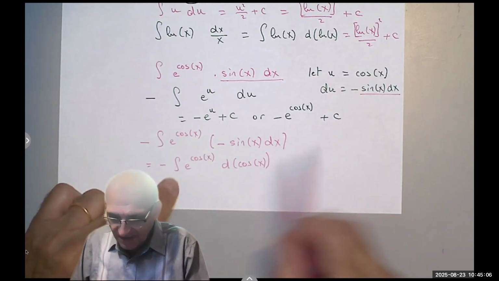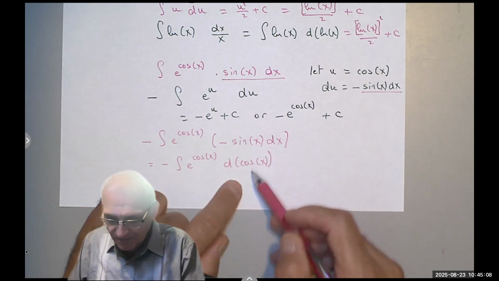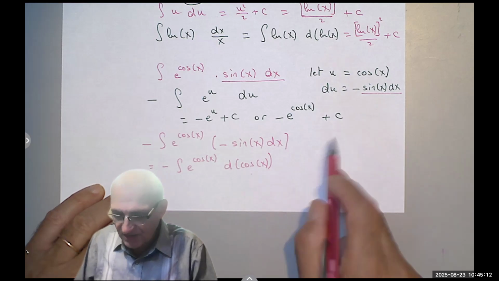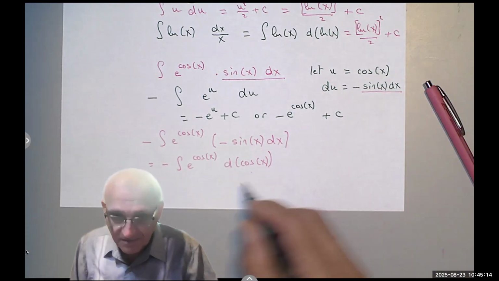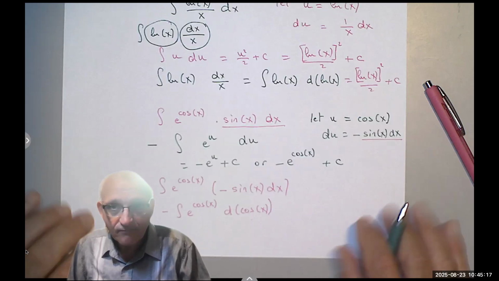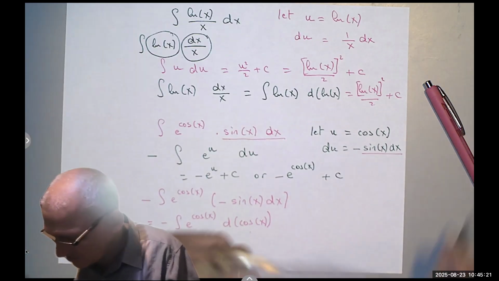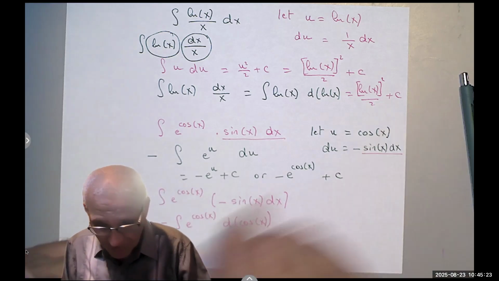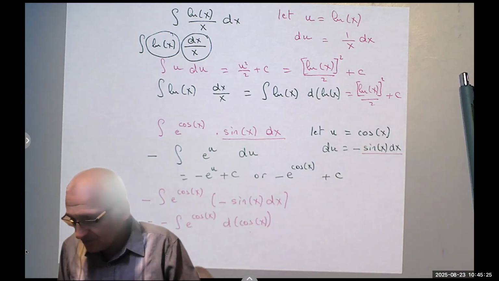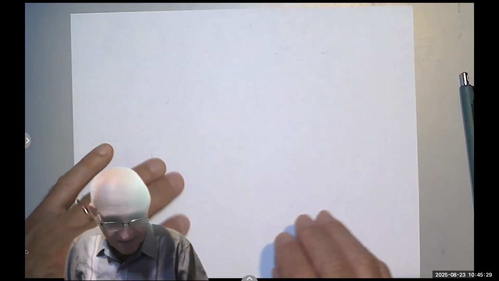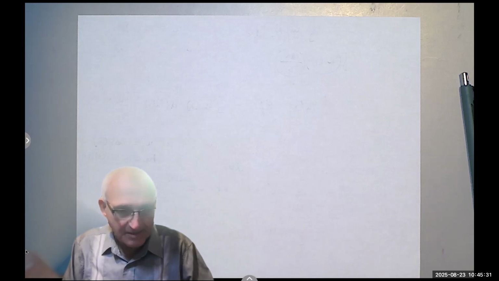So that looks like e to the u du. And again, I get negative e to the cosine of x plus a constant. Okay, so that's how easily you do those types of substitutions. I'm going to go over definite integrals now, so let's take a few more examples just to make sure you get that.